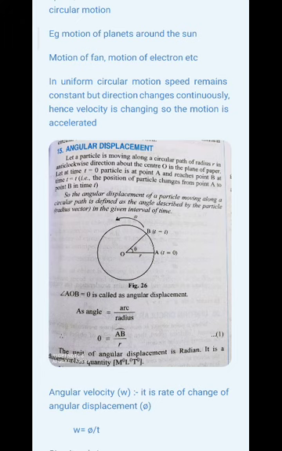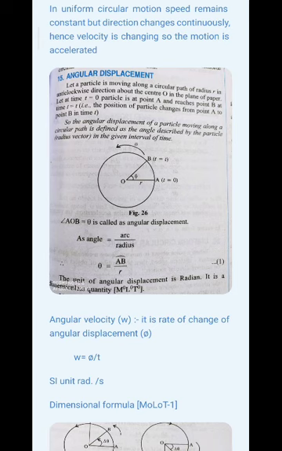So we conclude that theta is equal to S by r, that is, the linear distance is r times theta.